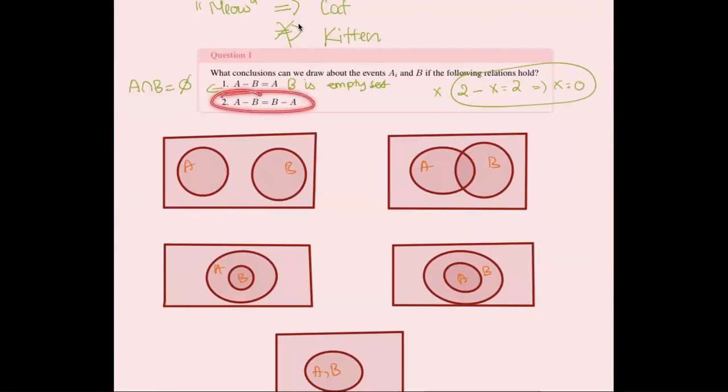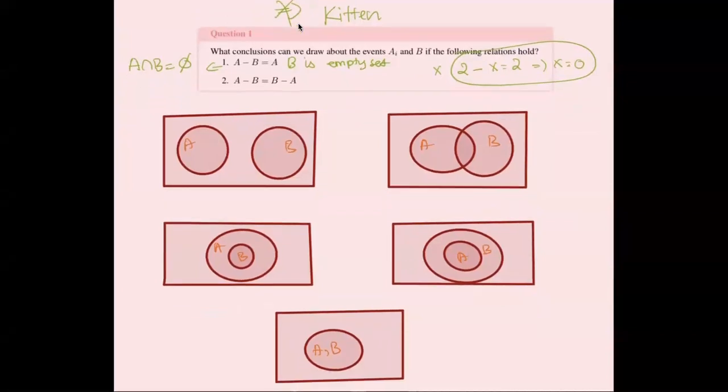How about the second part? A exclude B is equal to B exclude A. The elements in A but not B are equal to the elements in B that are not in A. Yes, but what does it mean in terms of how A and B relate to each other?